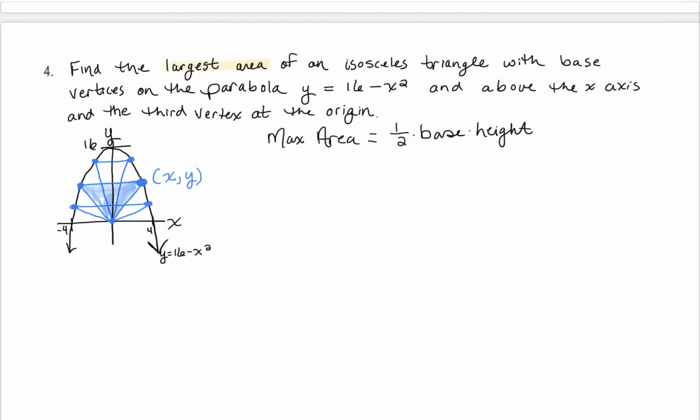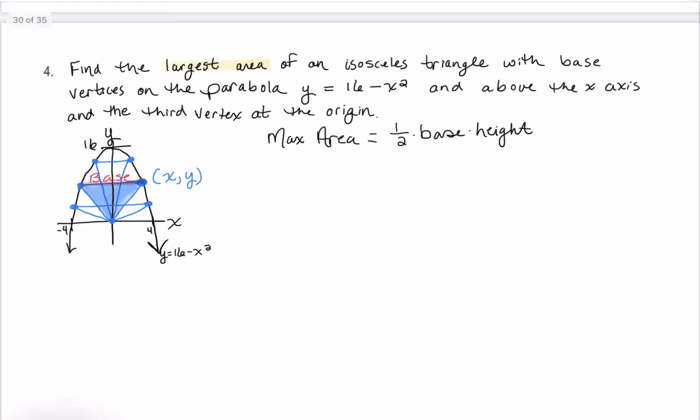All right, so here's the triangle, kind of representative triangle here, that we're trying to find the one that has the biggest area. So when we think about the base, well, the base in this case is really this entire length from here to here. So that really represents our base.